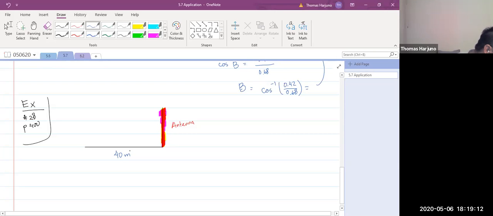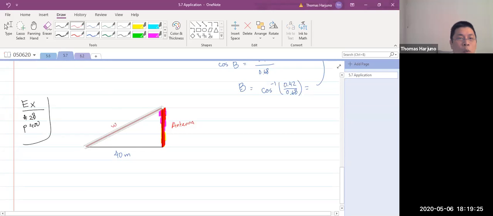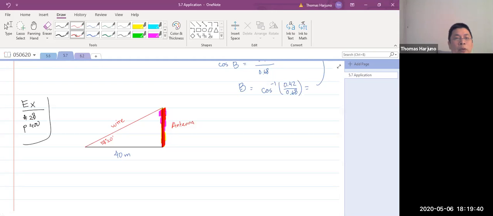If the wire makes an angle of 58 degrees 20 minutes. So let's say this is the wire, and this is 58 degrees 20 minutes. Now approximate the length of the wire. So basically we want to find this L here, the length of the wire.